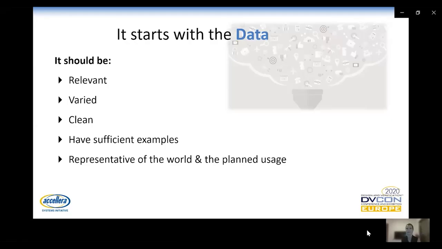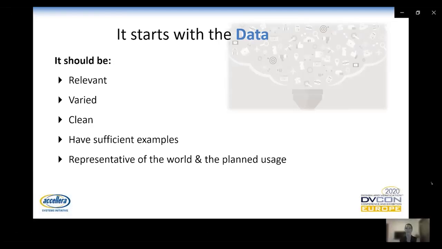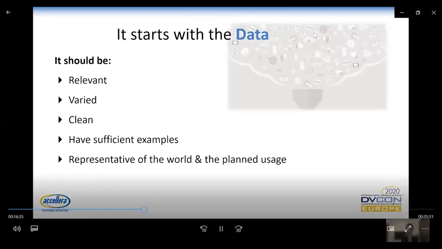So the data is the first step, and in every project that we would like to apply, we need to make sure that the data actually applies to and represents the world and the usage that we would like to achieve.